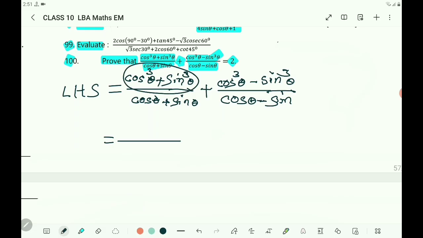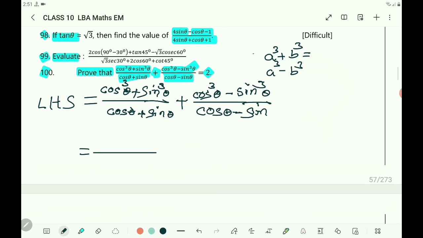Express this cos cube theta plus sin cube theta as a product of two factors. You know the factors of a cube plus b cube and a cube minus b cube.